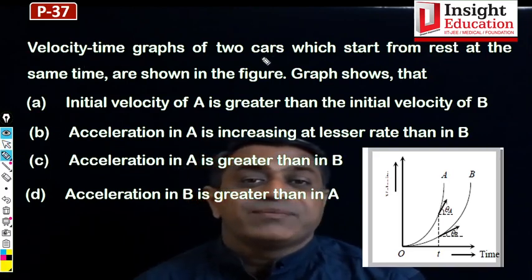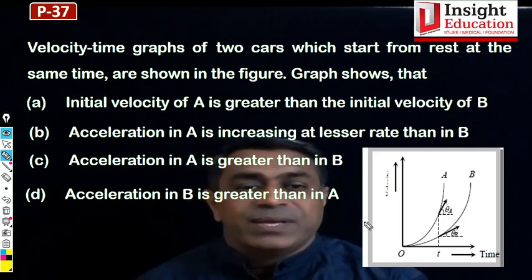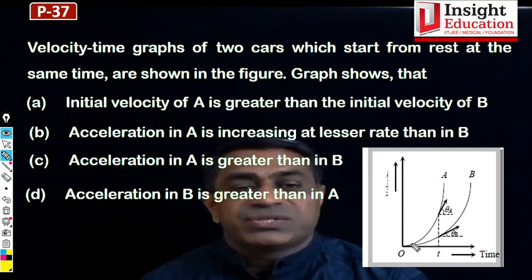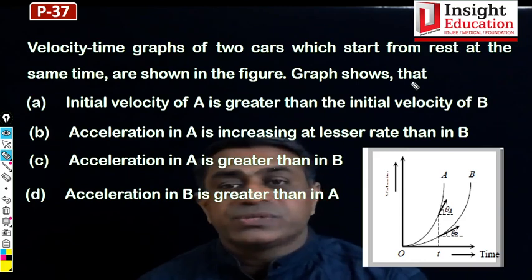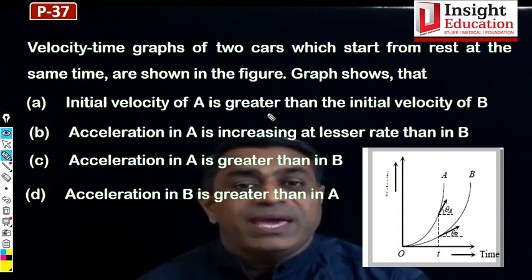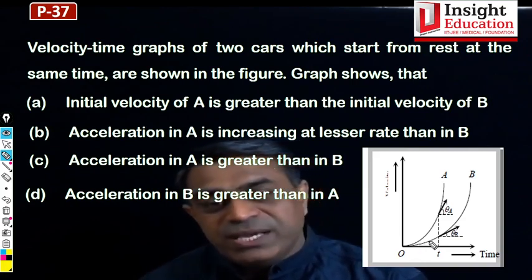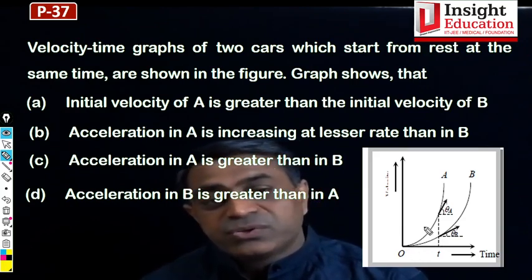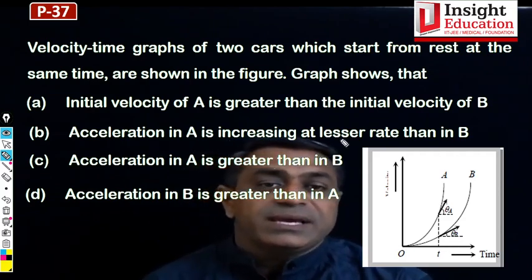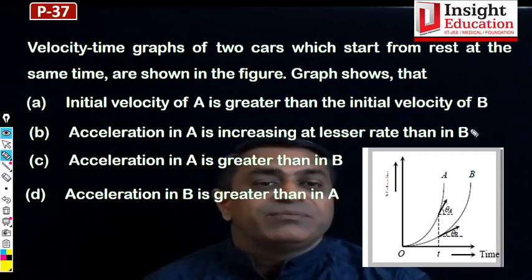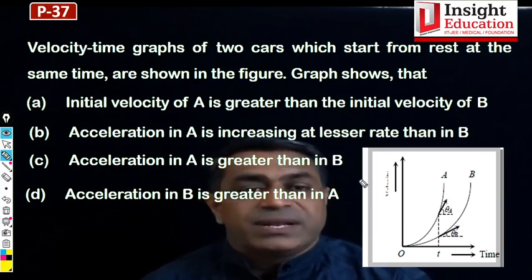The velocity time graph of two cars which start from rest at the same time. So velocity time graph, car A, car B start from rest, so initial velocity is 0, are shown in the figure. Graph shows that the initial velocity of A is greater than the initial velocity of B. For acceleration, you have to consider the slope of the graph.